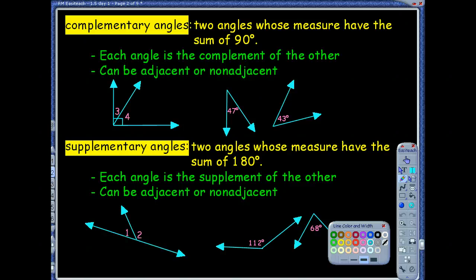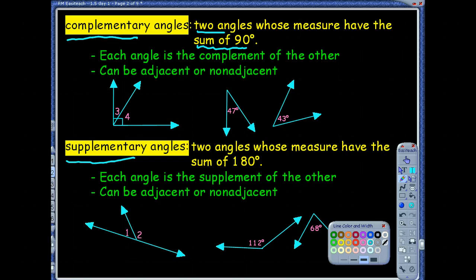Some other angle pairs that we will be dealing with this chapter and beyond are types you have seen before: complementary and supplementary. Complementary angles are two angles whose measures have a sum of 90, which means the two angles added together add up to 90 degrees.